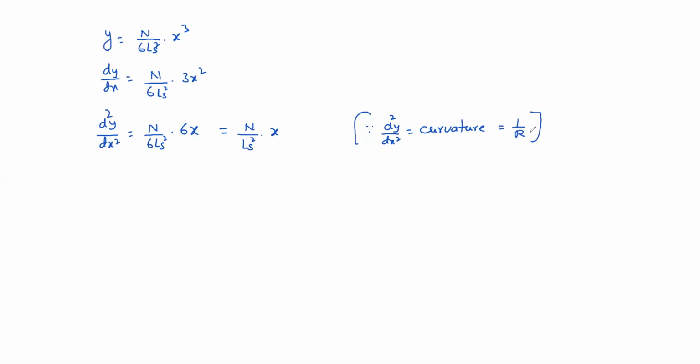Now 1 by r equal to n by ls square into x. So at x equal to 0, r is infinity, at the starting point.